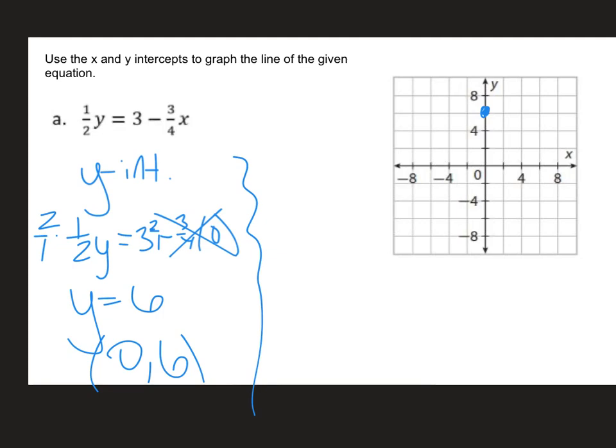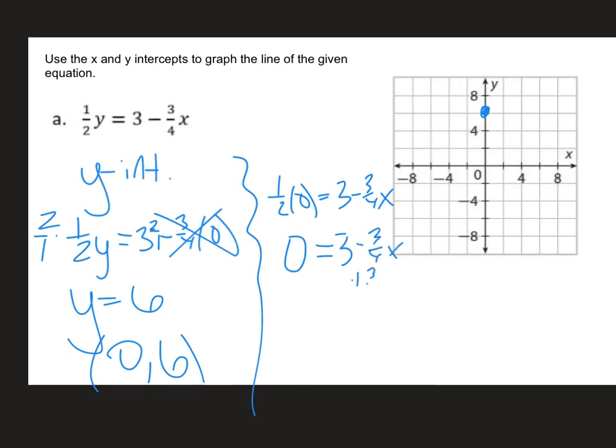If I am looking for the x-intercept when y is 0, then I would have to do 1/2 of 0 = 3 - 3/4 x. Now here we want to be careful. Yes, this term is gone, but because it's the only thing left on that side of the equation, I do need to keep it. But I can also move the 3/4 x.